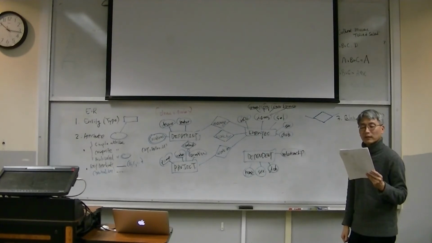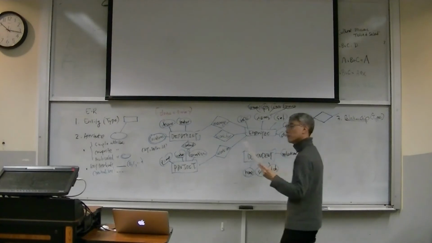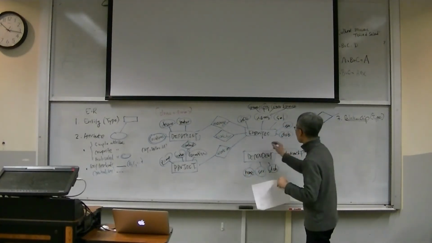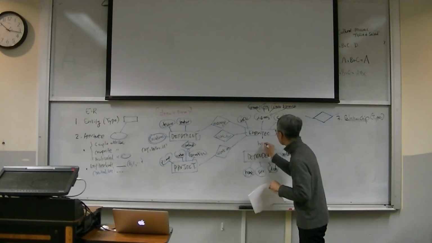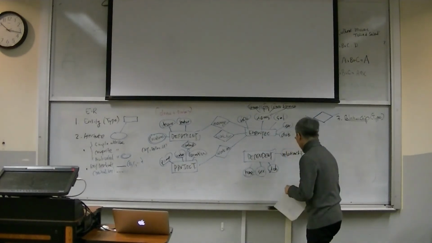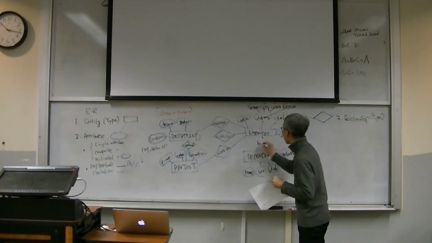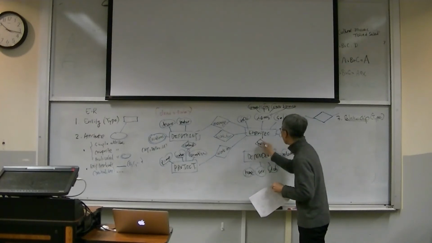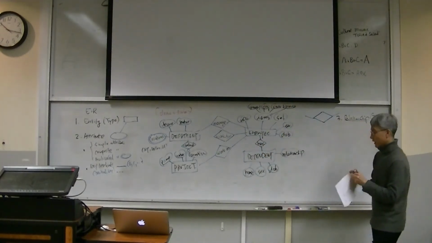And what else? The last bullet, dependent. Each employee may have a number of dependents. So has. Each employee has a number of dependents like this.